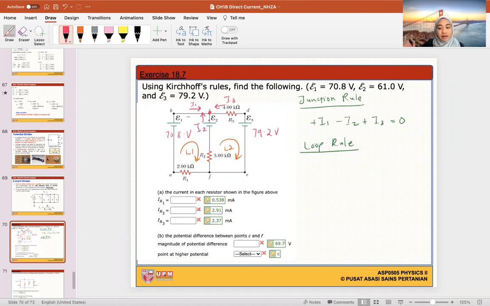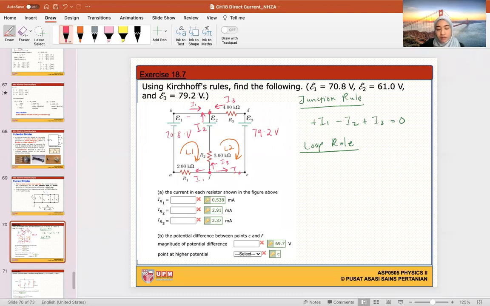But I told you sebenarnya I can draw my current any direction that I want. So let's say I choose this junction, I can say okay, I want all currents to flow out. I can write it like this. Boleh.